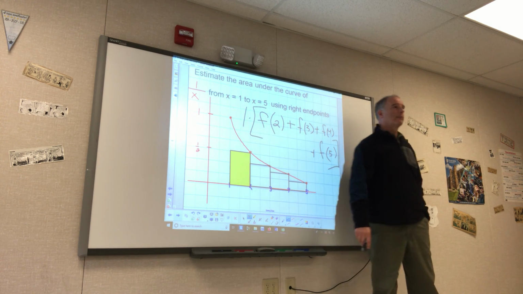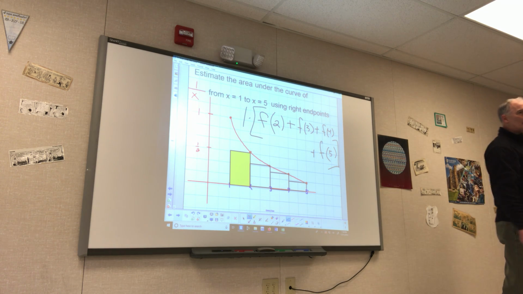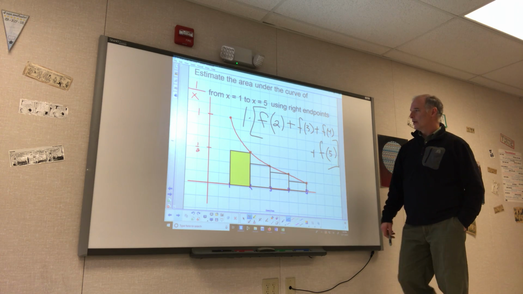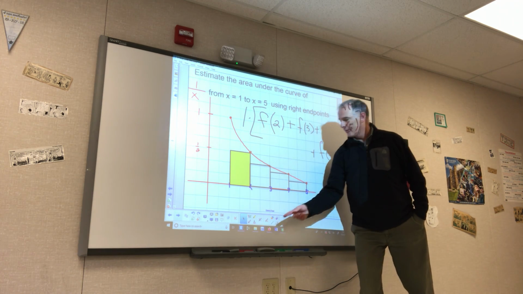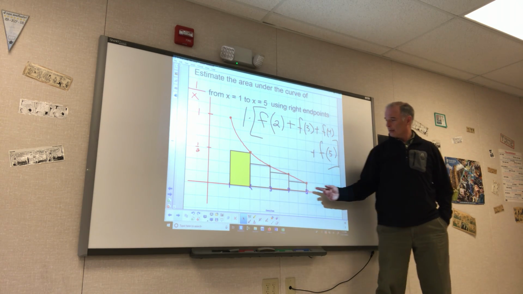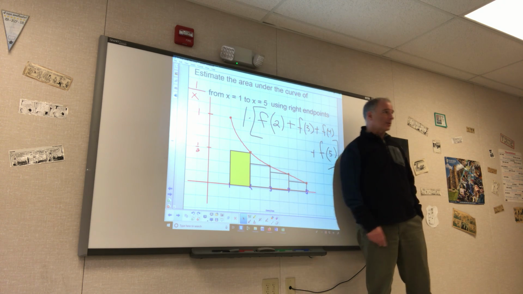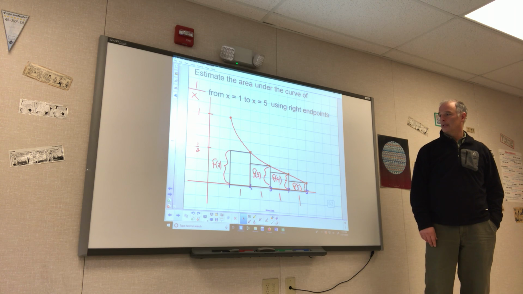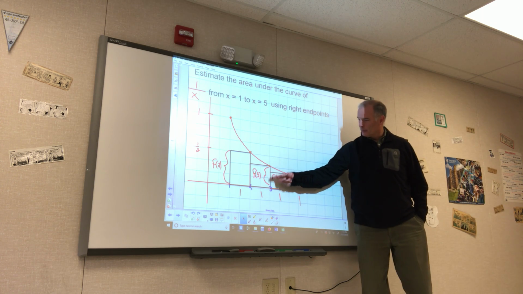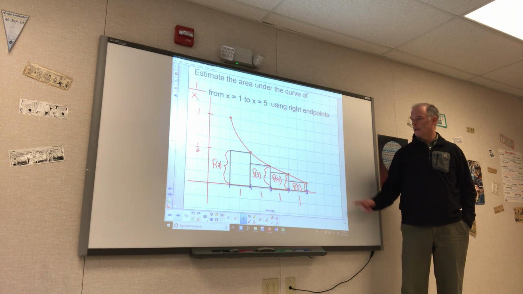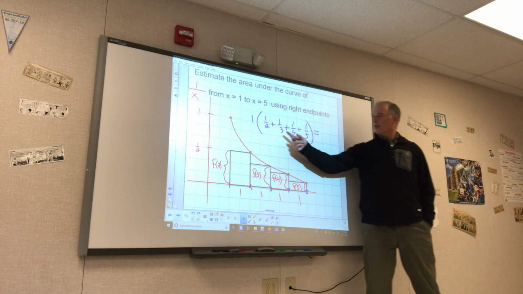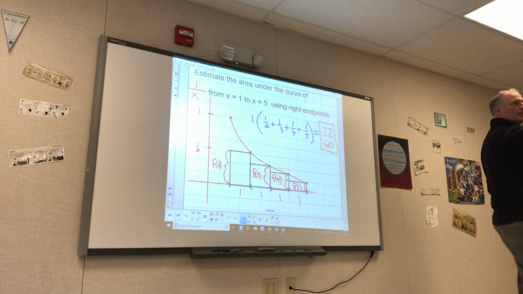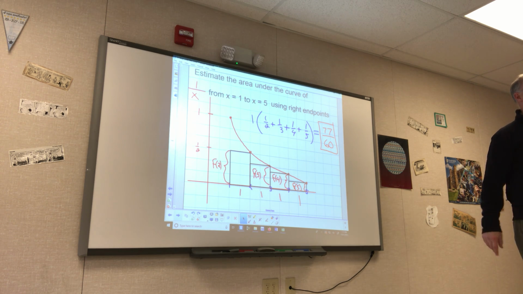Conveniently, it's just 1. And because it's 1 for each of them, I can just factor it out. Notice that even though I'm going to 5, there's only 4 subdivisions. So the height of each one of them is based on the right-hand side: 1/2, 1/3, 1/4, 1/5, and by golly, when you add them up, 77/60ths.